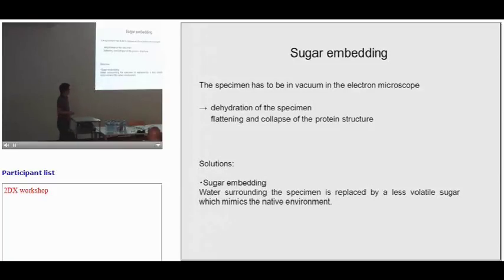One way to reduce the effect of dehydration is sugar embedding, which was introduced in 1975 when Unwin and Henderson published a pioneering work on the structure of bacteriorhodopsin, in which they used glucose as an embedding medium. In sugar embedding, water surrounding a specimen is replaced by a less volatile sugar, which mimics the native environment.